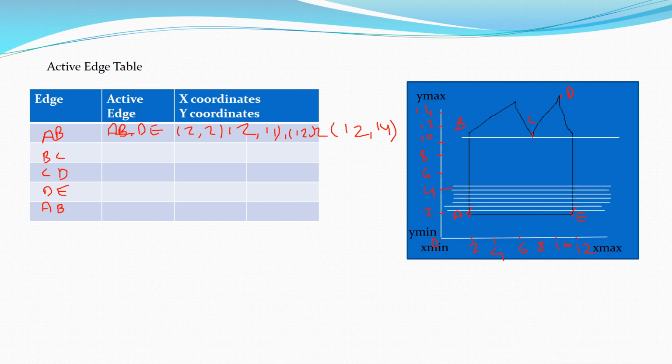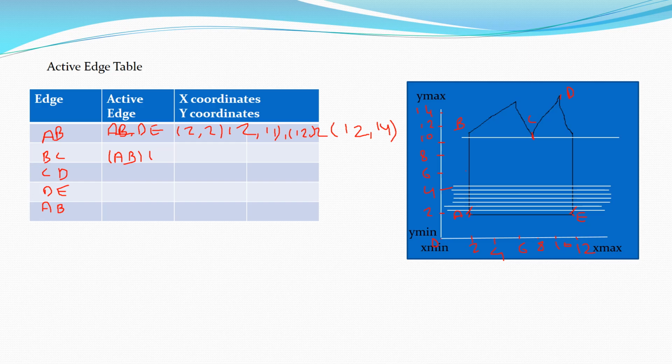Now consider this line, how the edges will be intersected, we will count that. The active edge is AB, right? AB is active. Next, this vertex here, this line encounters this edge, right?